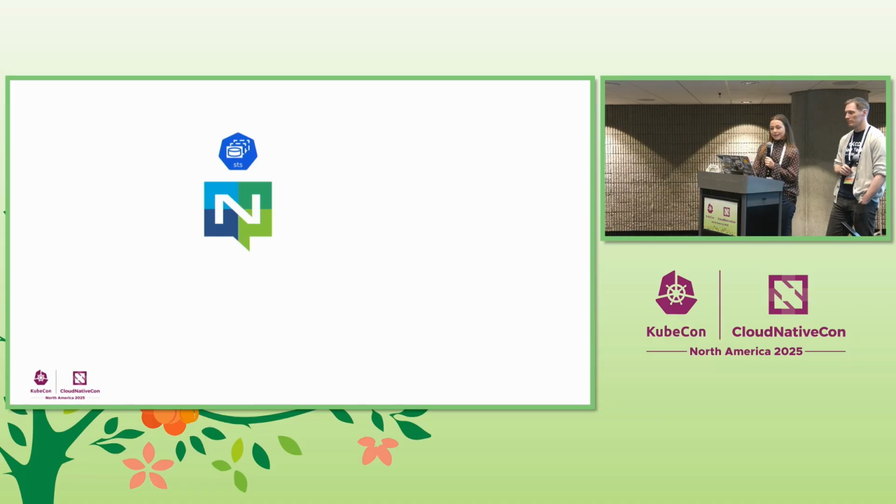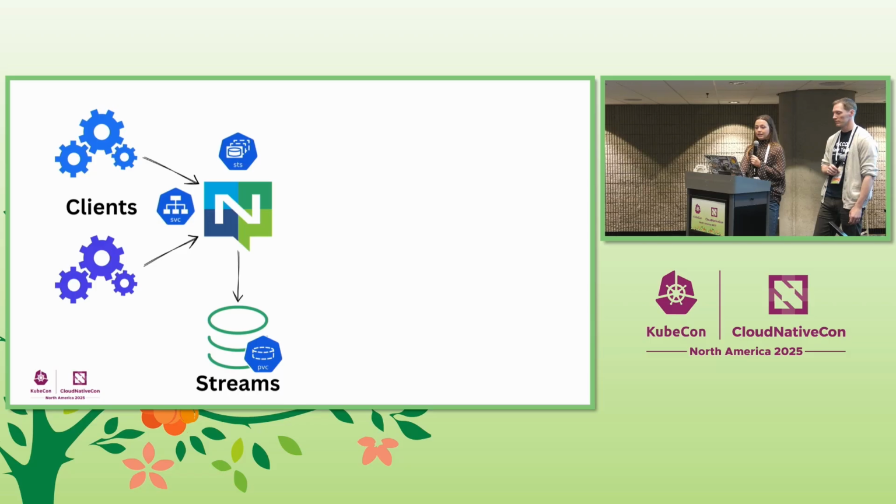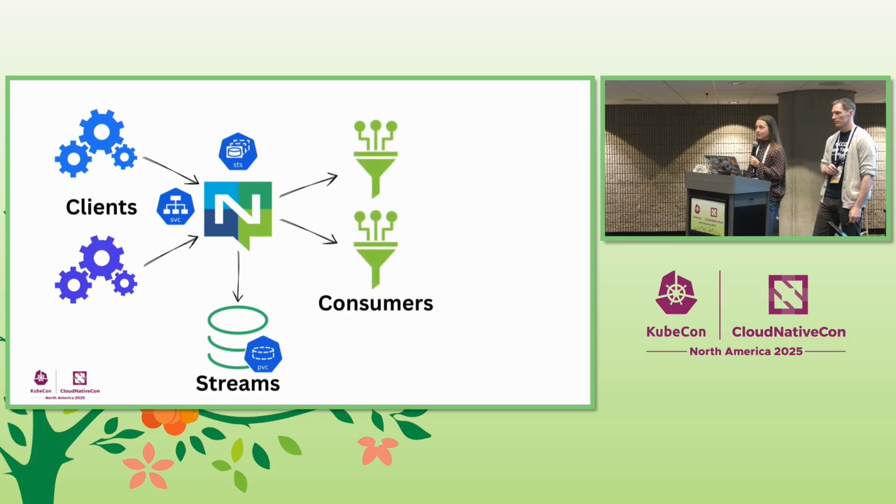So what does that look like in practice? We have our NATS server that is configured to save any message that it receives on disk storage, and that's our stream. Then we have our clients, which pipe data into that stream. They connect to NATS via a service, and we don't want that data to live in that stream forever. We want to be able to access that data, and that's where the consumers come in. Consumers allow us to access the data that's living on the stream, and they act as a filter.